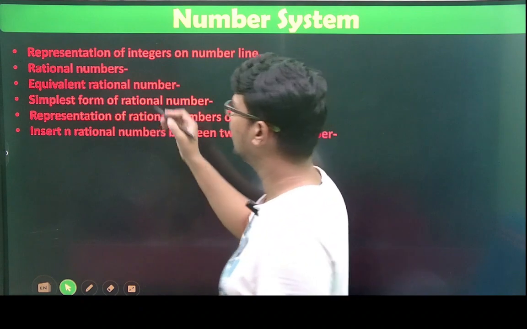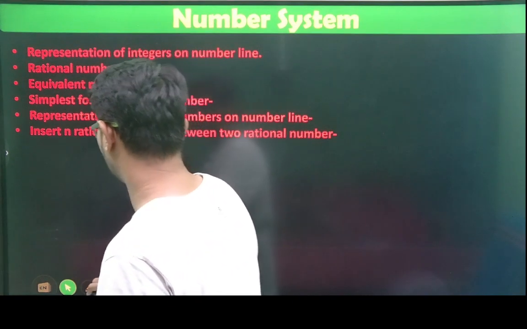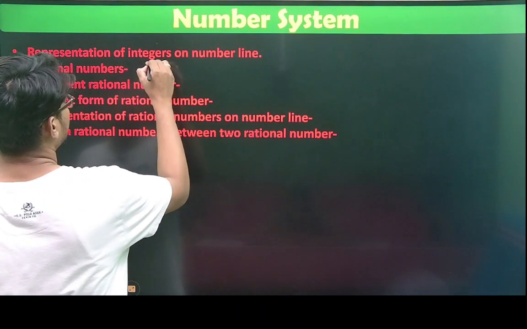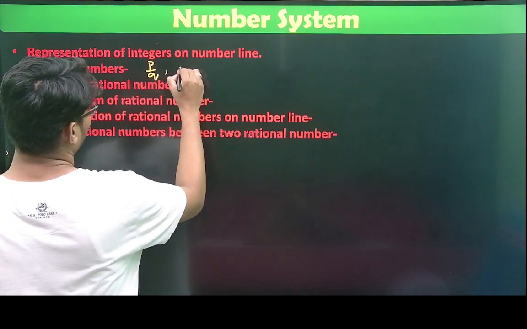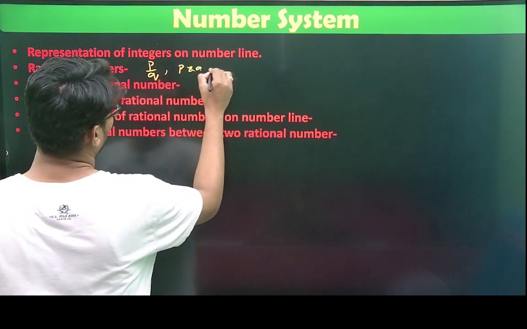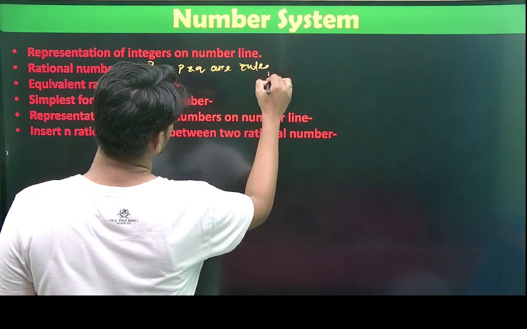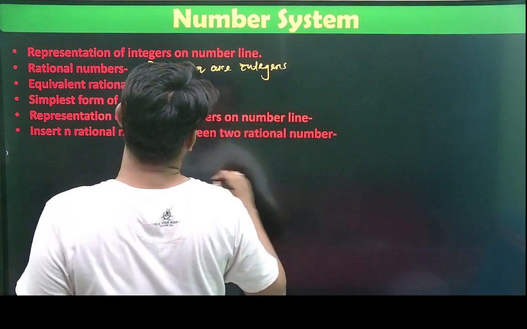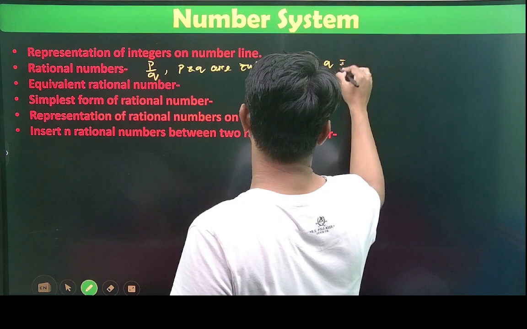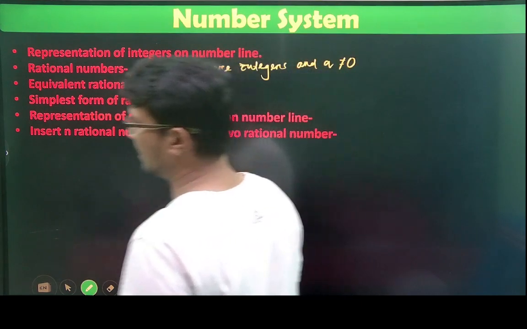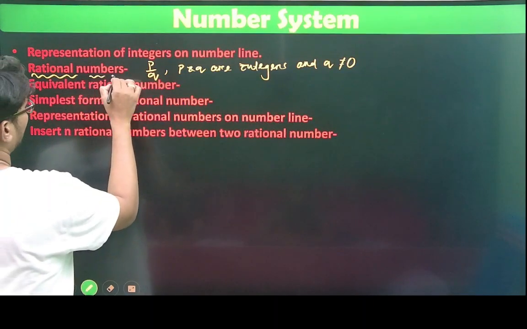Any number which can be expressed in P by Q form, where P and Q are integers and Q is not equal to 0, is known as a rational number. Are you clear?